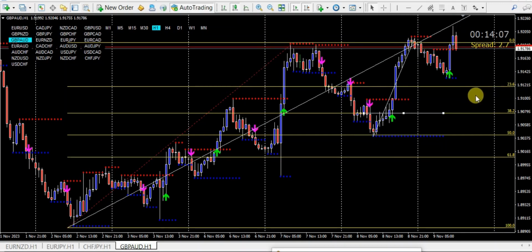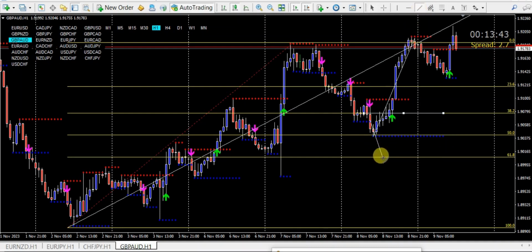So these four points, 23.6, 38, 50, and 61. If the price gets to this place and then goes up, look and pay attention to the next line. If it went through the next line, then you know that this may be the next port of call. If it didn't go back up from this place, know that you have to wait and see if this place will be the one.